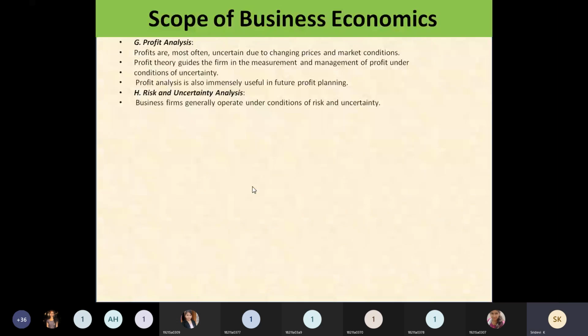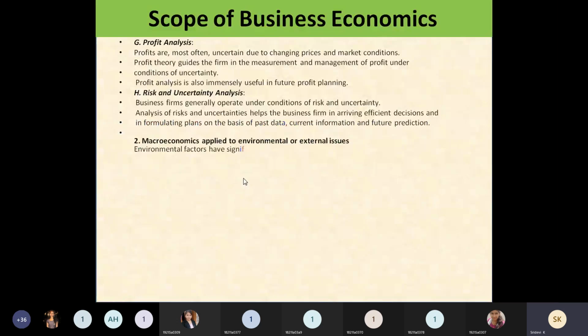So that means if we are ready to take the risk under certain conditions, how to handle your business. And if uncertainty occurs, how to handle your business. So all these are the different areas where you need to apply your business economics.